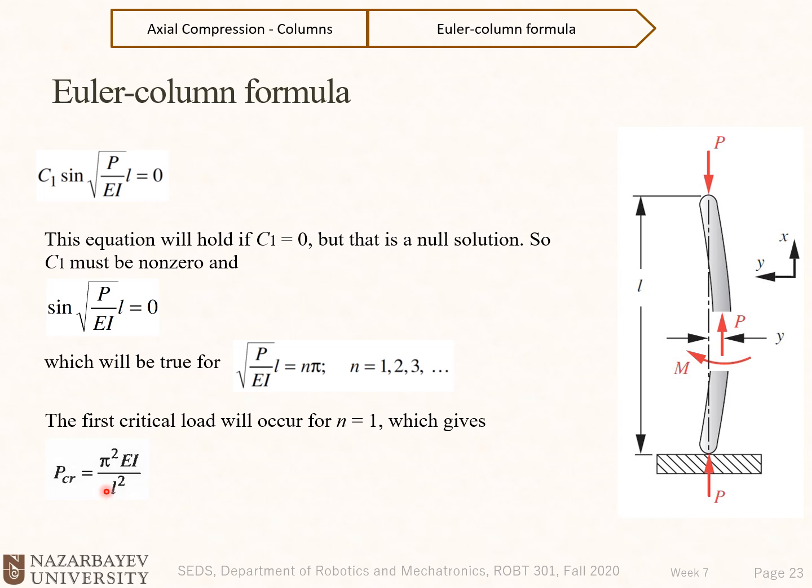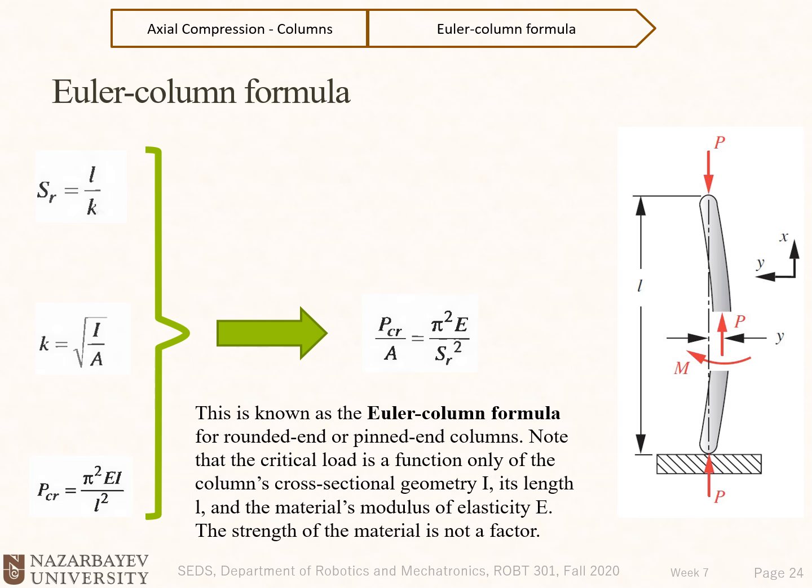So now we have our equation to calculate the critical force. Okay, so we calculated the critical force, plus we had some definition of slenderness ratio, SR. If we combine these equations together, we will have the Euler-Coulomb formula.